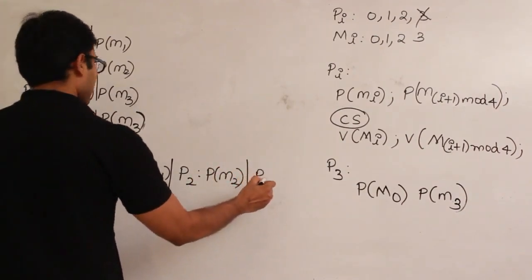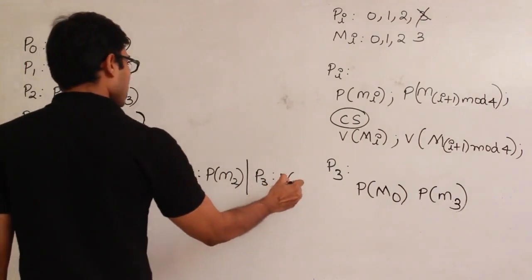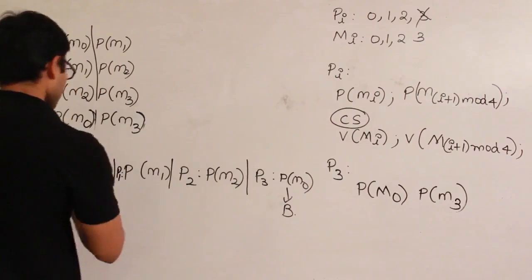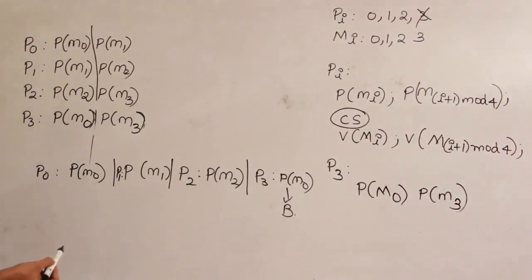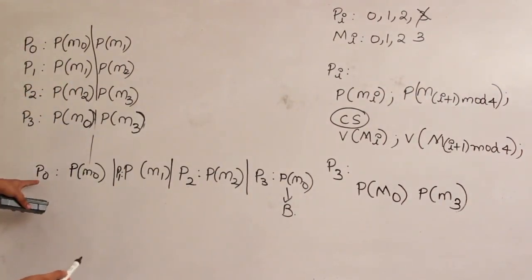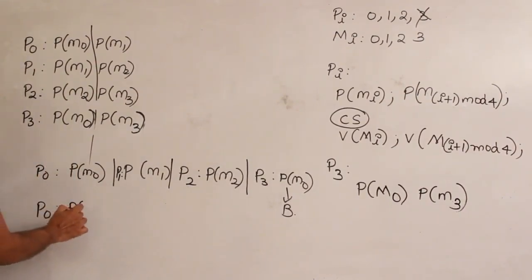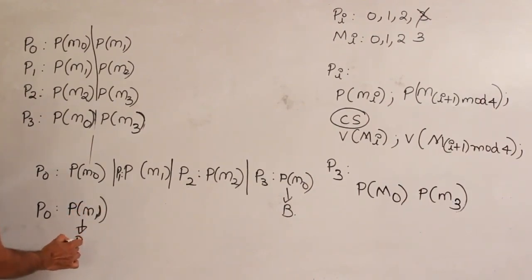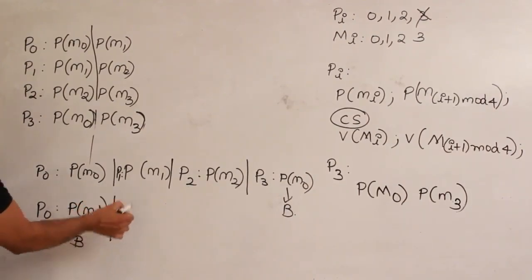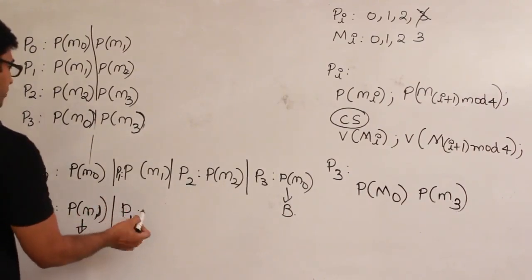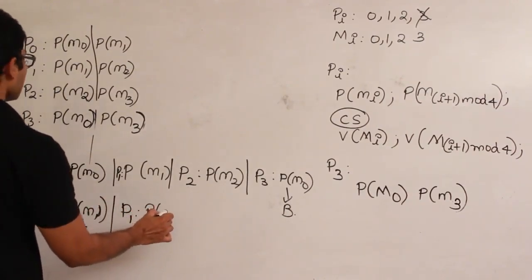Now when P3 tries to take M0, it will get blocked because M0 is already taken. Now let us say P0 is executing again. Then it will try for M1 and it will get blocked because it is already taken by P1. Then P1 comes into execution, and it will try to take M2.